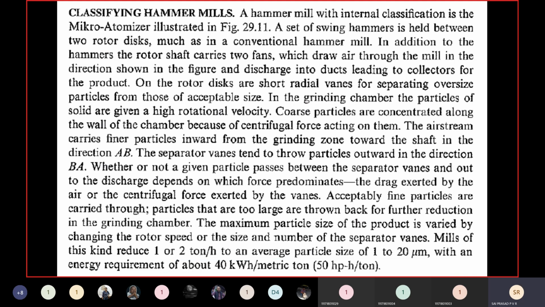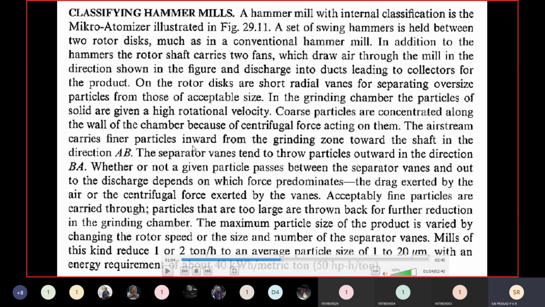Larger size particles will have more mass. More mass means more centrifugal force. More centrifugal force means what? They will be thrown away from the center. So they will be concentrating along the wall of the container. For what purpose? To take the blows of the hammers. Coarse particles are concentrated along the wall of the chamber because of the centrifugal force acting on them.